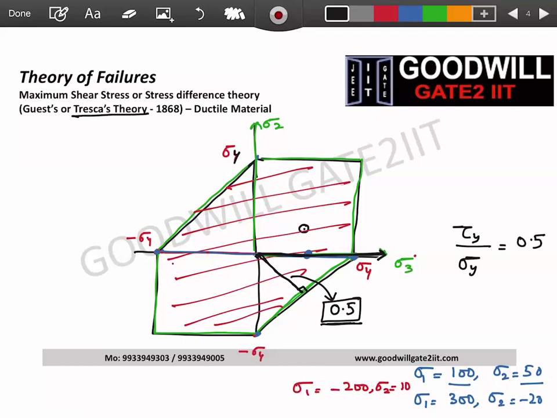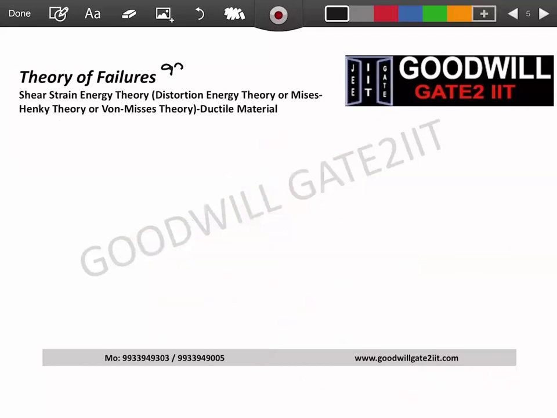All right. There, things will get more interesting when we move forward, and this is the next theory. Listen to it, understand it properly. 99.9% of your GATE numericals are on this theory. And the reason is 100% of your aircraft components are designed with this theory.